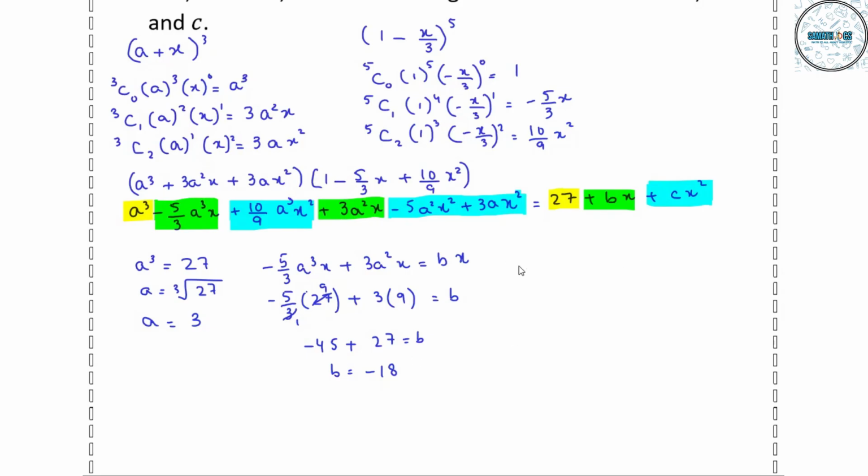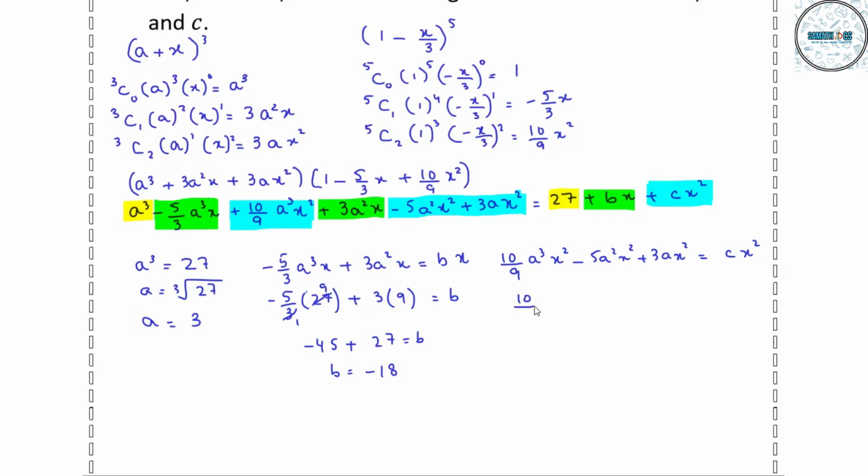Now for c, we will equate the terms in x square, which is 10/9 a cube x square minus 5a square x square plus 3ax square, equal to cx square. We will just consider the coefficients.